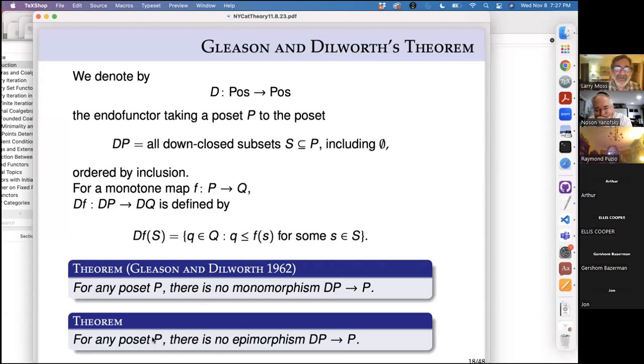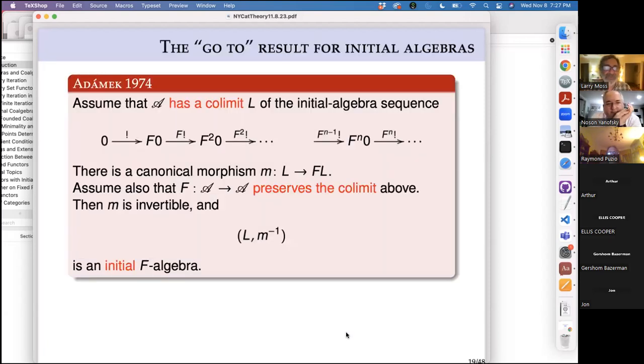For any poset, there's no order preserving onto function from the downsets of P back to P. So as a result, this D doesn't have an initial algebra and it doesn't have a final coalgebra. I'm interested in all the possible results that are kind of like this in this talk.